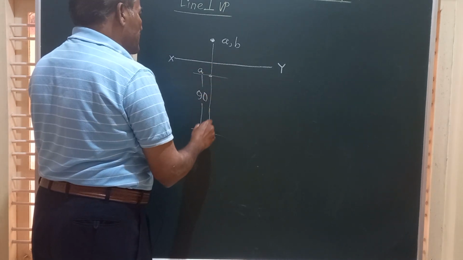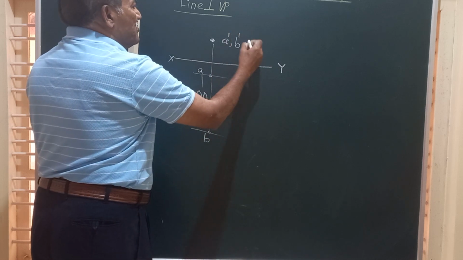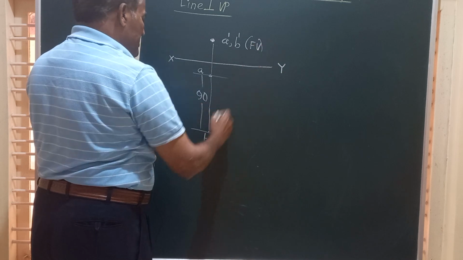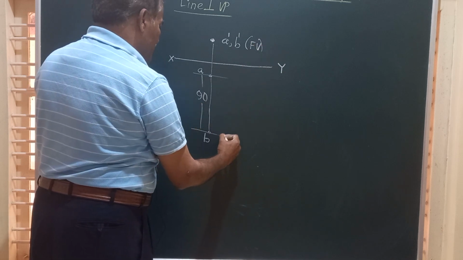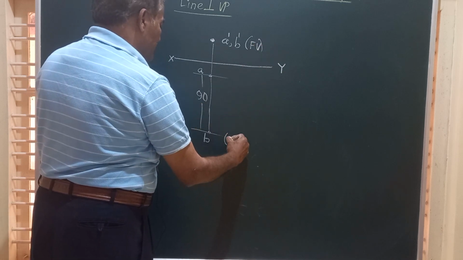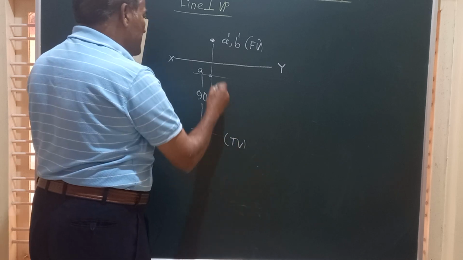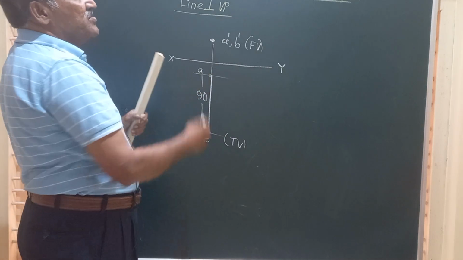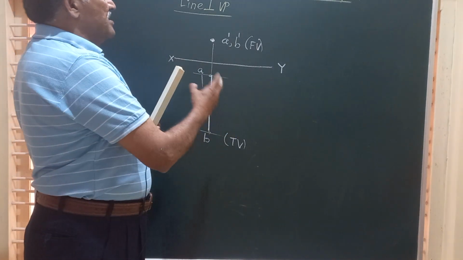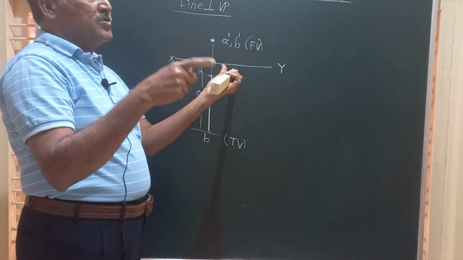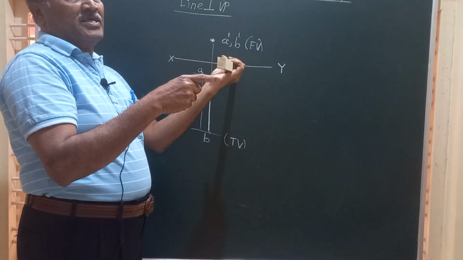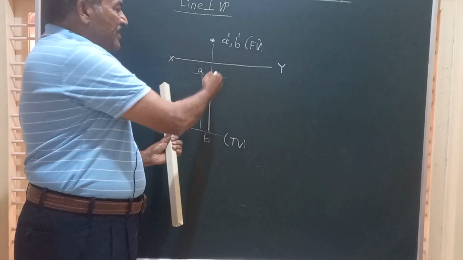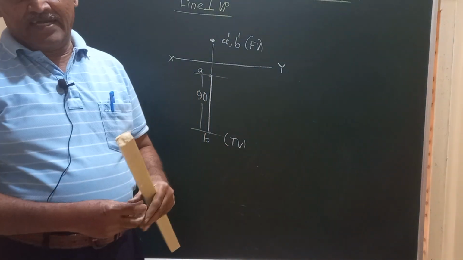If it is 90, you should take that, and this is A dash B dash. This will represent the front view, and this AB will give you the top view. The top view of the line is AB, which will be 90 millimeter long. Front view is a point, and end view is also going to be a line of the same length. Both the left hand view and the right hand view will have the same length, 90 millimeter.